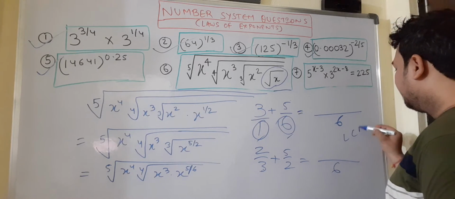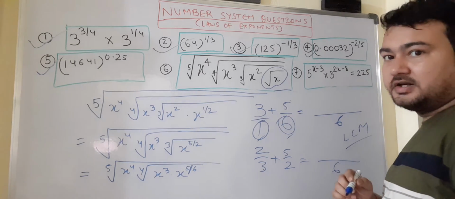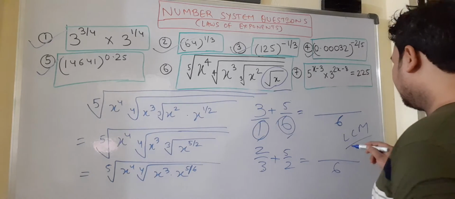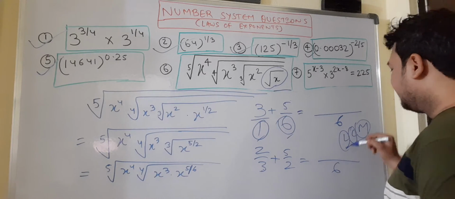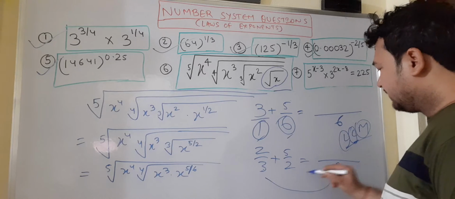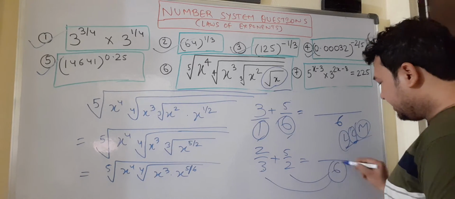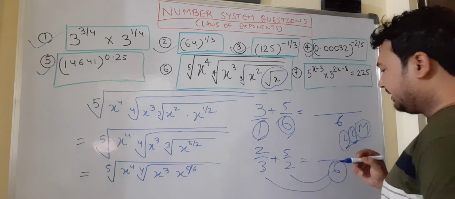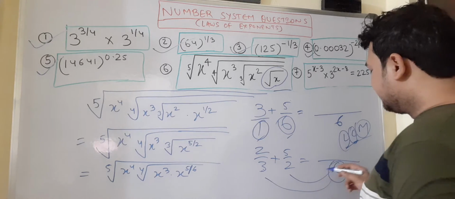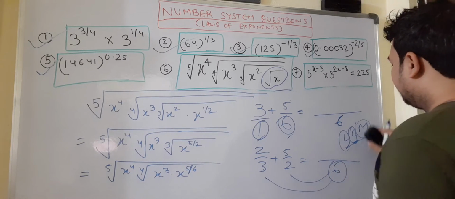That's why it is called LCM: lowest common multiple. It is common, it is lowest, and it is a multiple. So it is the LCM.